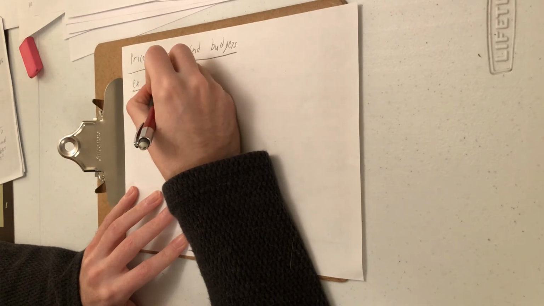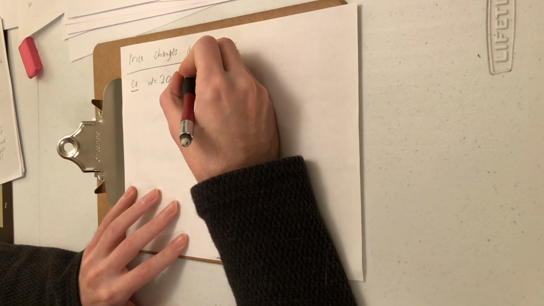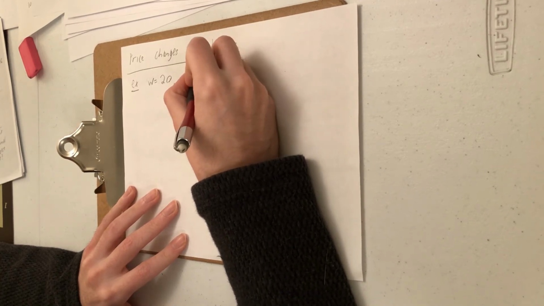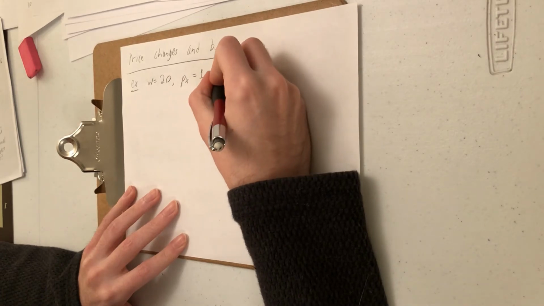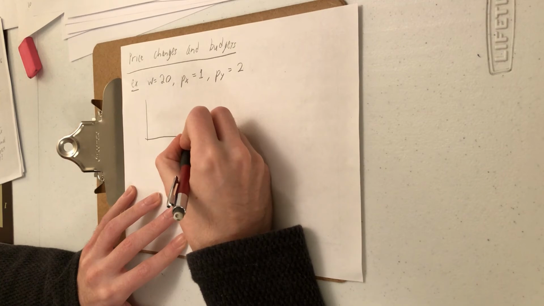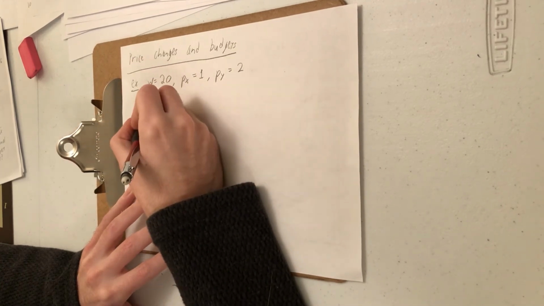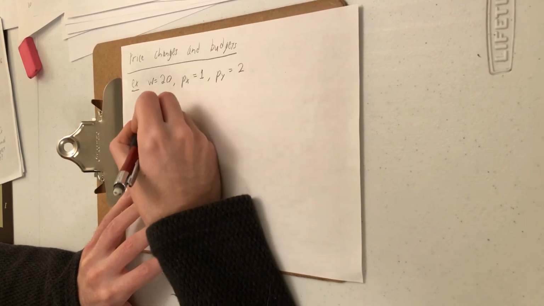We had $20 to spend. X cost us $1 each. And the price of Y was $2. We said that looked like this.